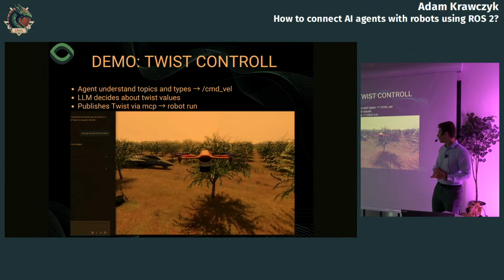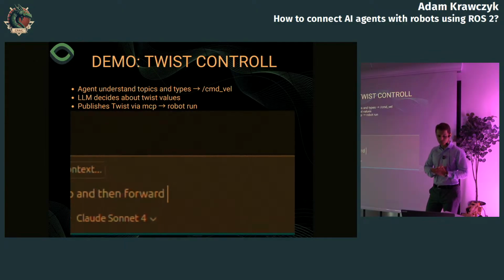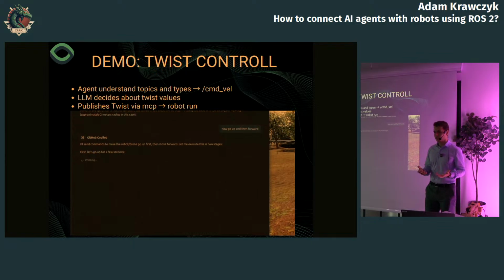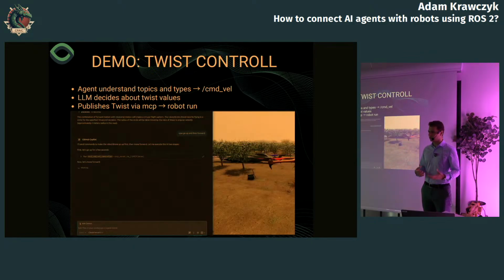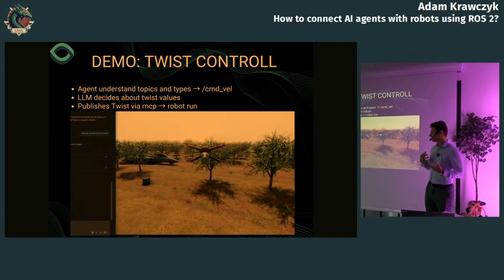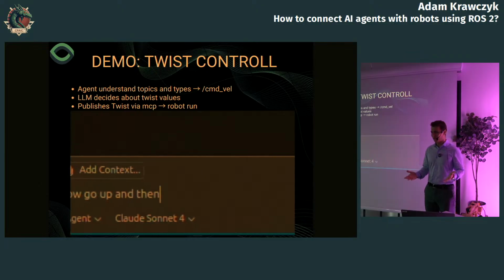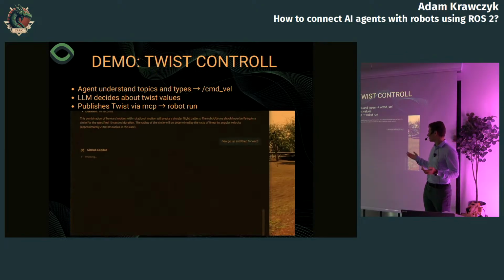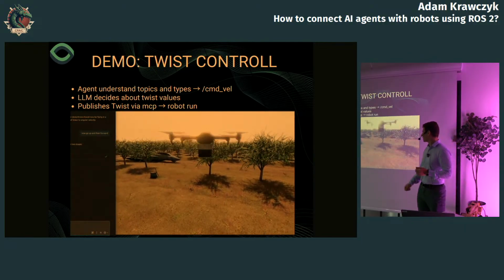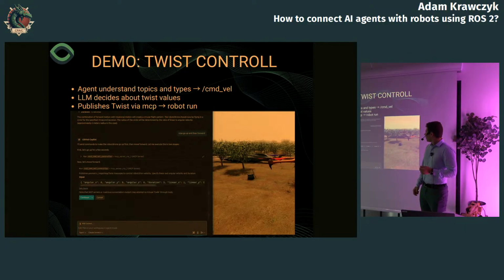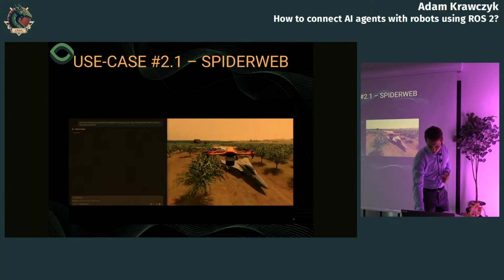You can see that it's using some tools, but basically the LLM has to decide about the values of the robot speed. We just said go up and forward, and the rest is in the hands of Claude 4 in this case. Yeah, that was the first demo.